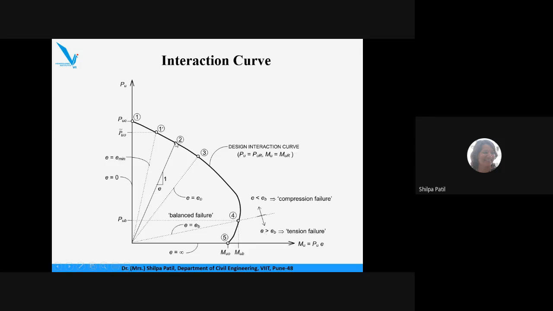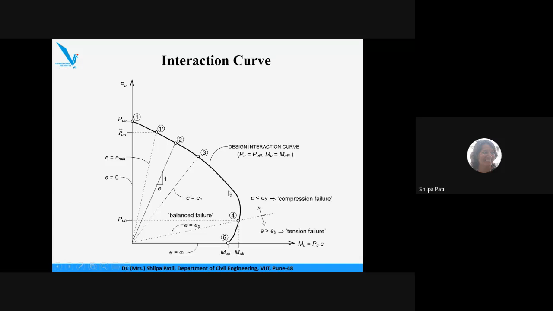So simply by observing this interaction curve, see what the benefits of making use of the interaction curve are. We can readily find out the resistance of the column, in terms of force and in terms of moment.